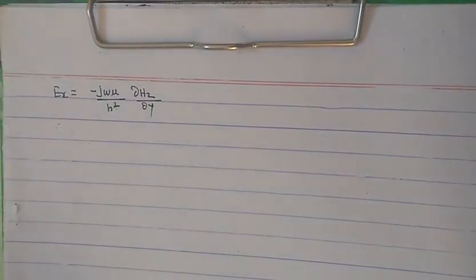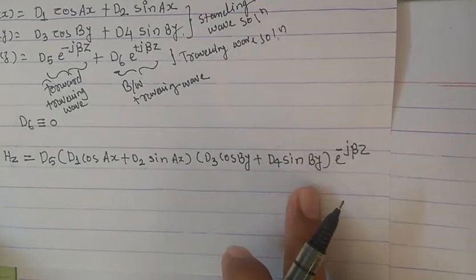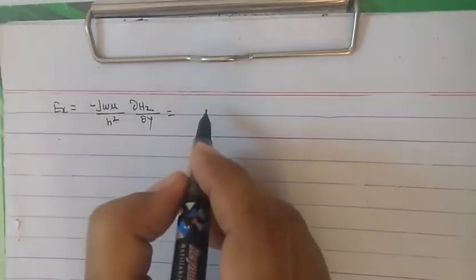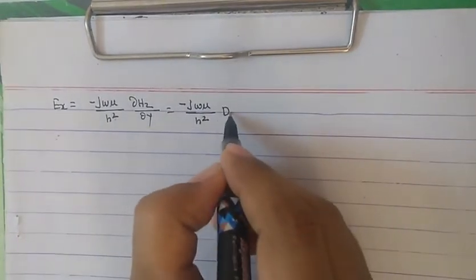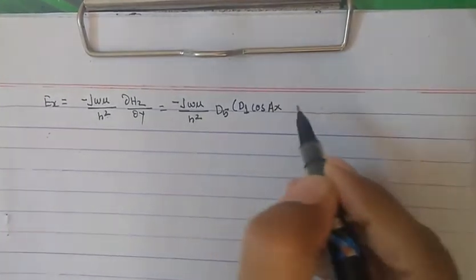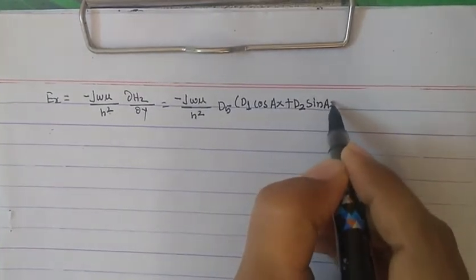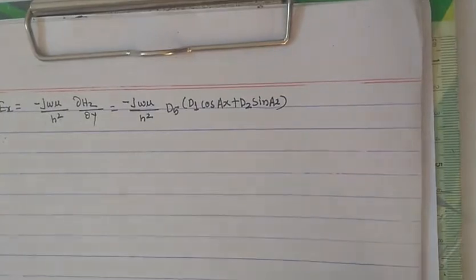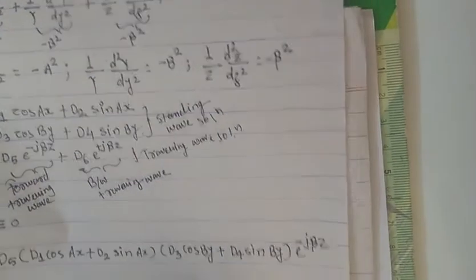So Hz we have obtained. Take the differentiation of this Hz equation with respect to y. So what we get is minus j omega mu upon h square, d5 (d1 cos ax + d2 sin ax) into (d3 cos by).